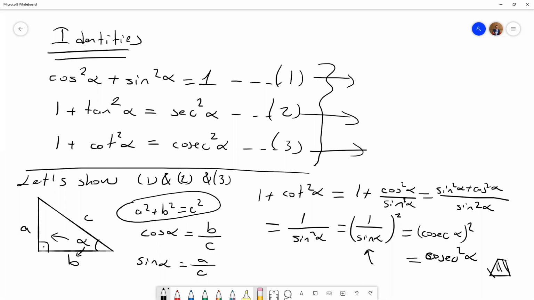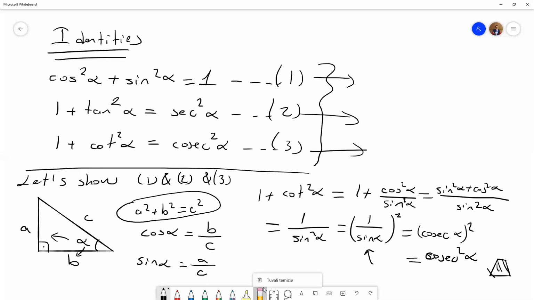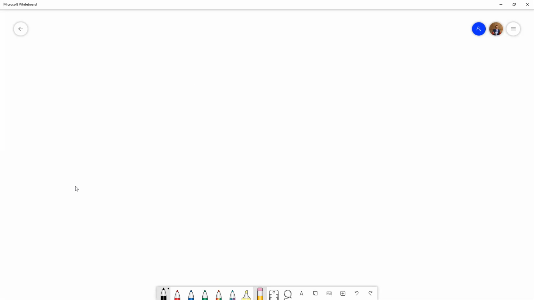Now we have half angle formulas. Let's write these half angle formulas.